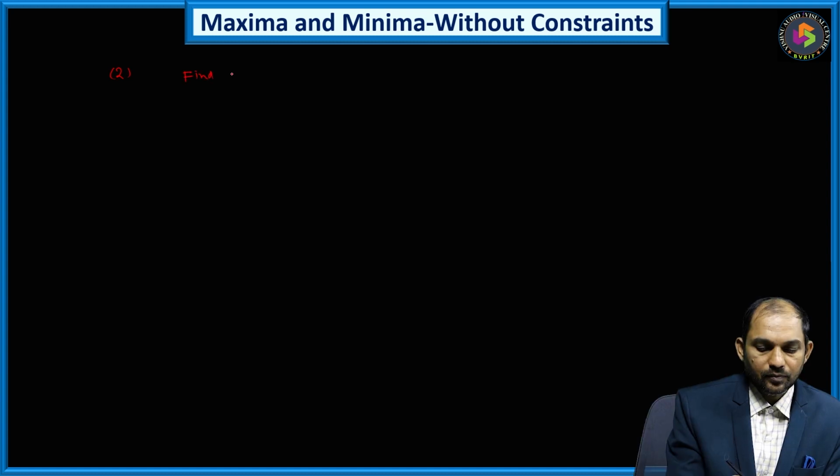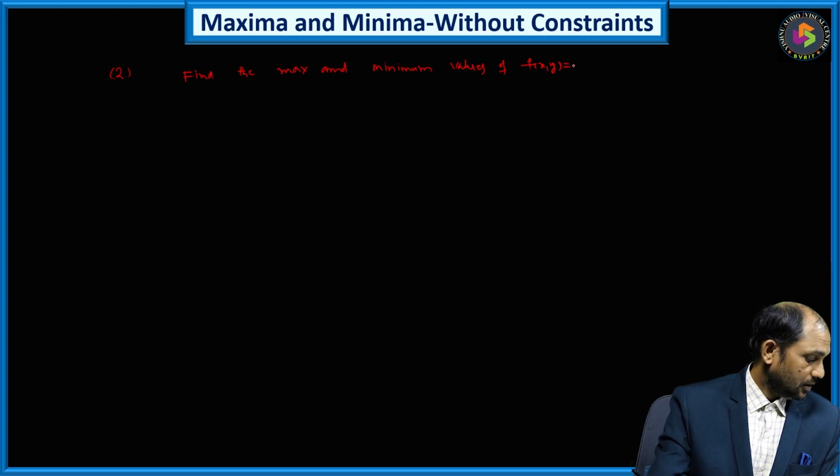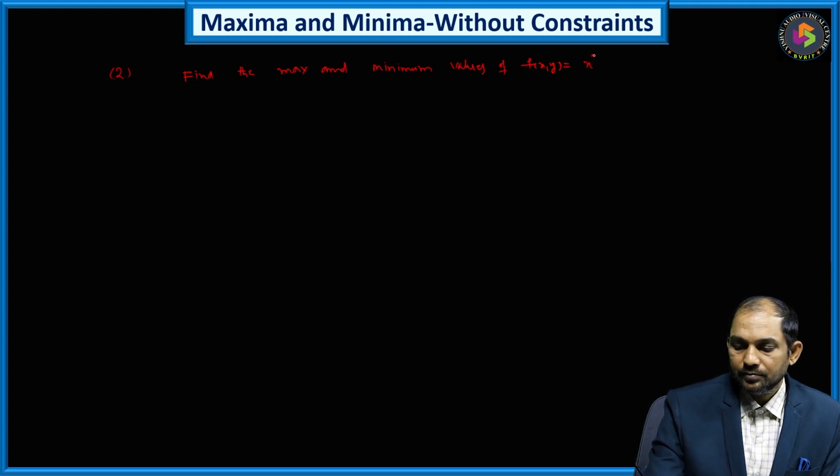So the problem statement is, find the maximum and minimum values of f of x comma y is equal to x cube plus y cube minus 3axy.